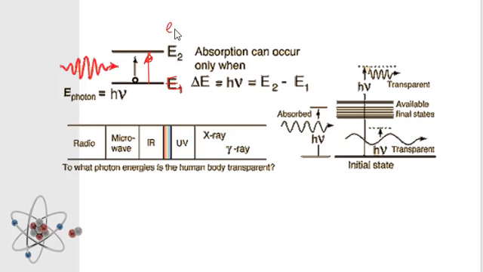So this one is the excited state, because it has gained the energy coming from the photon. Okay, so that is another interaction. And that energy should be equal to the difference, E2 minus E1. Okay, next.